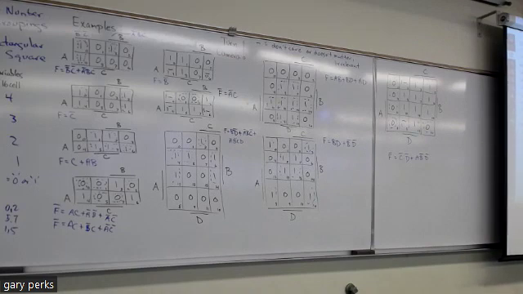So there's 1, 2, 3, 4, 5, 6, 7, 8, 9. So 9 of the 16 possible combinations of inputs will yield the box to open, which is an output of 1. If the box doesn't open, it's equal to 0. So as you can see, the first thing you want to do is draw the truth table, right?